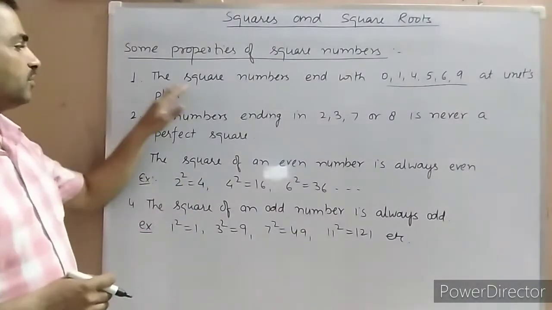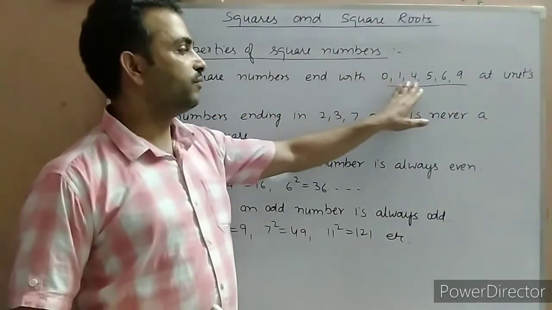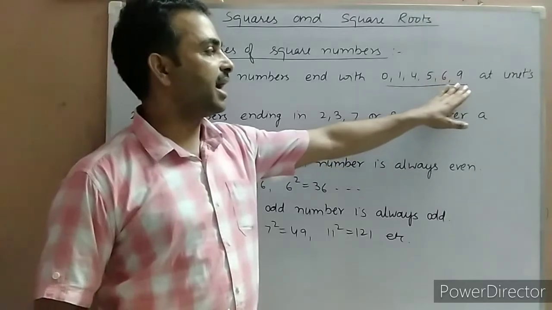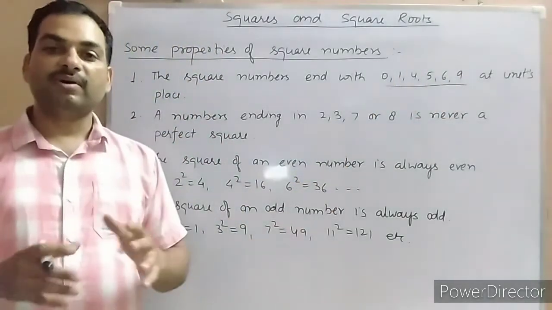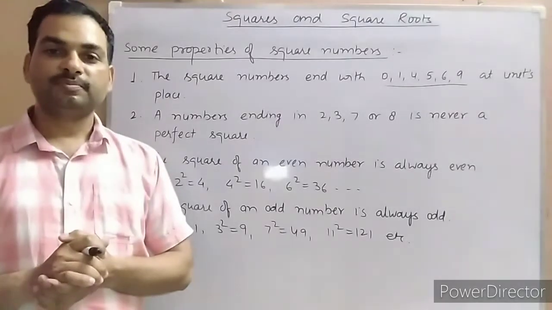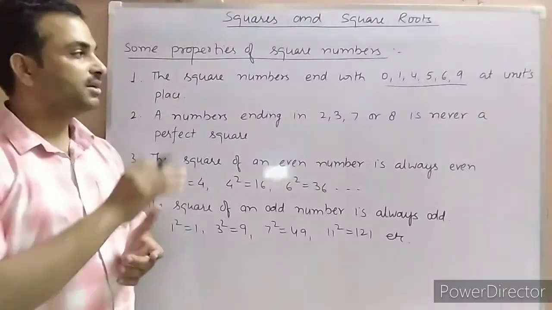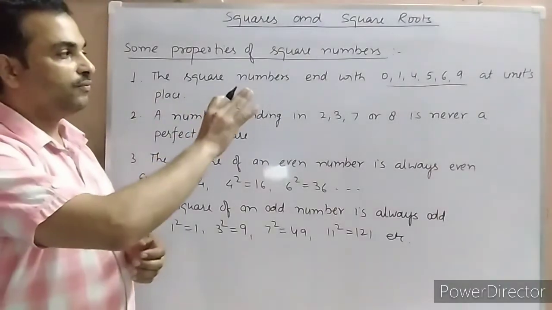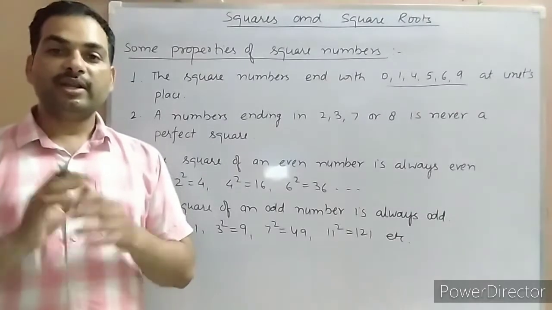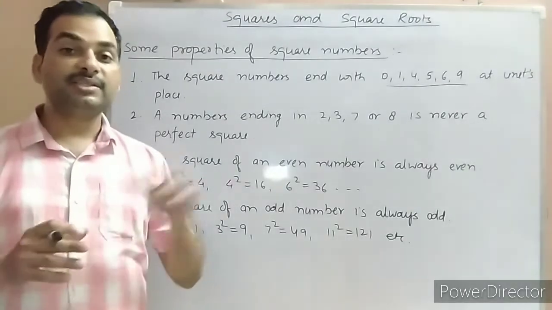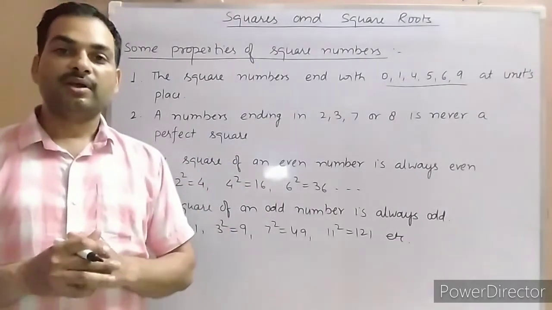First property, the square numbers end with 0, 1, 4, 5, 6 and 9 at the units place. If we have a square number, then the units digit of that number is always either 0, 1, 4, 5, 6 or 9. It is a necessary condition, but it is not a sufficient condition.